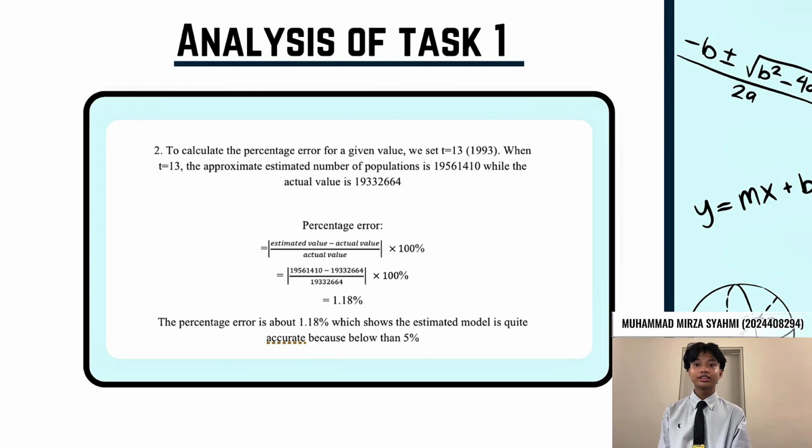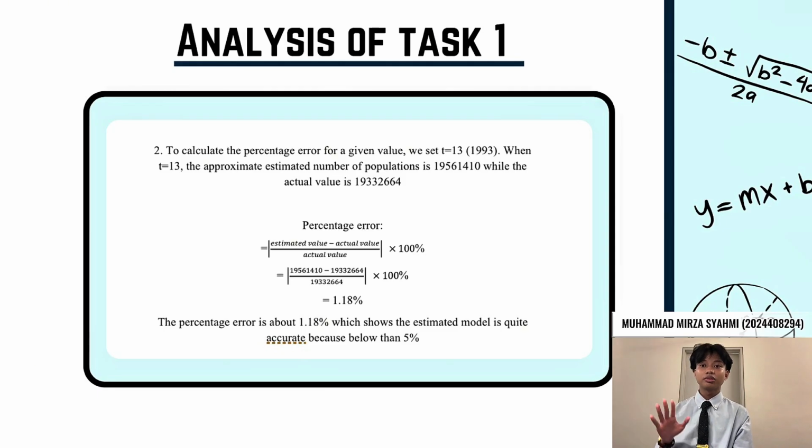We can see that there's a slightly noticeable difference between the estimated and actual values, especially starting from the year 2003. To understand the accuracy of the model, we calculate the percentage error. When t equal to 13, which represents the year 1993, the estimated population is around 19,561,410, while the actual population is 19,332,664. Using the percentage error formula, we get an error of about 1.18%.